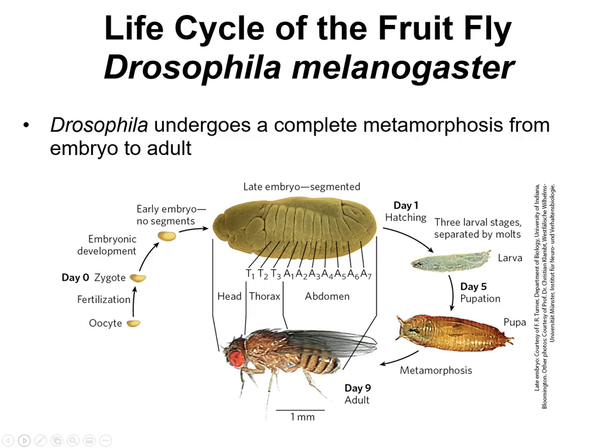So Drosophila undergo a complete metamorphosis going from that little teeny tiny embryo to an adult. And as part of that journey, they make this kind of elongated blob, but that blob is segmented. And each of those little segments is destined to become a certain body part and have certain appendages.